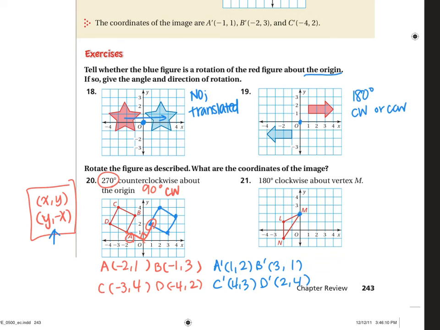And M is going to be my point. So M is still going to be 0, 2 for my M prime, because I'm not changing anything for the matter of fact. And then what I'm going to do is I'm going to count how many units away my N and L is going to be.